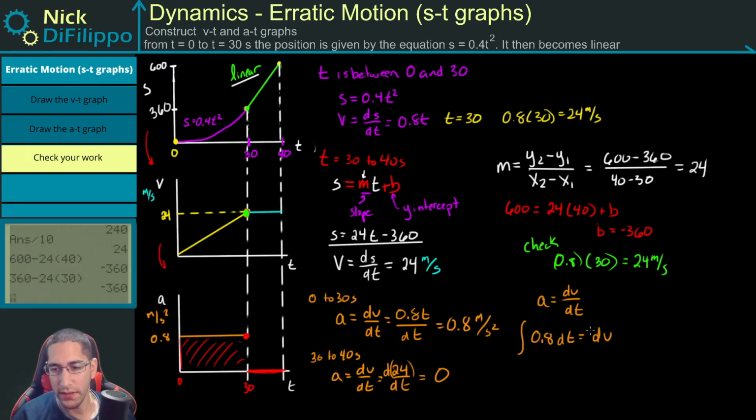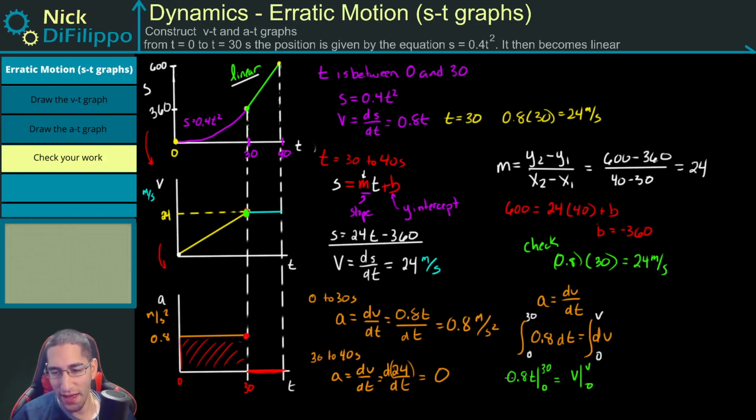from some dt is equal to dv. And I need to figure out the bounds of integration. So I want to go from 0 seconds to 30 seconds. And I want to go from a velocity, I start at 0, and I go to some unknown velocity. That's what I want to figure out. So now, if I integrate this, I get 0.8t evaluated from 30 to 0 is equal to v evaluated from v to 0.